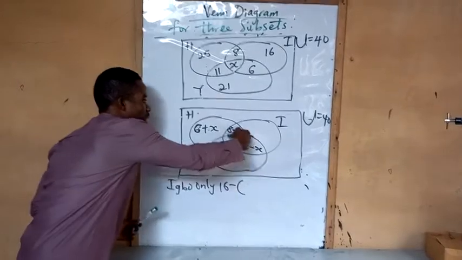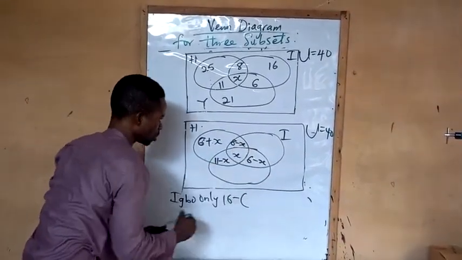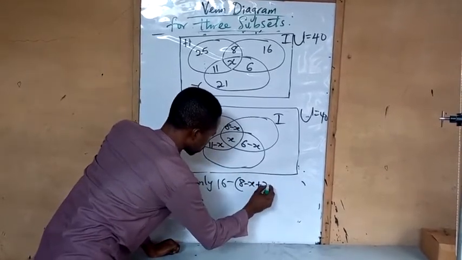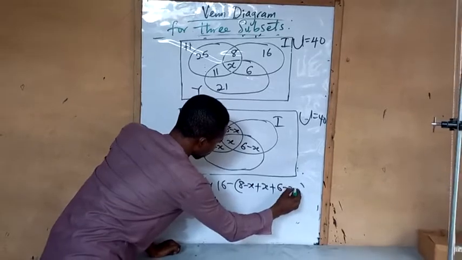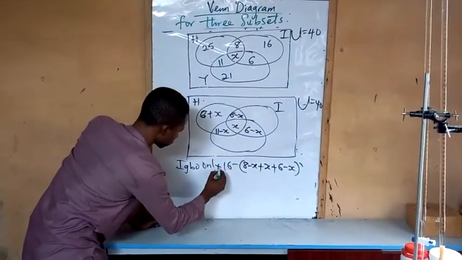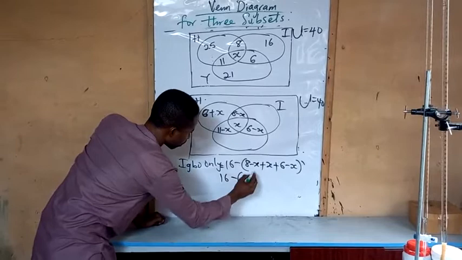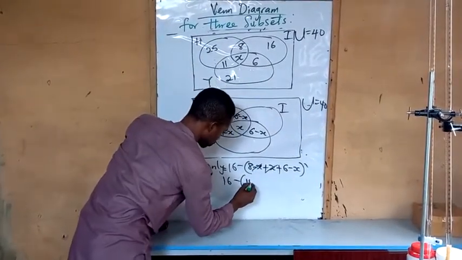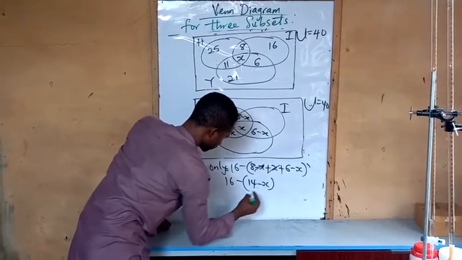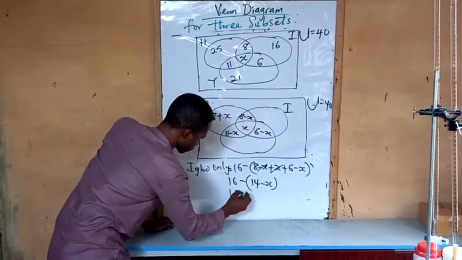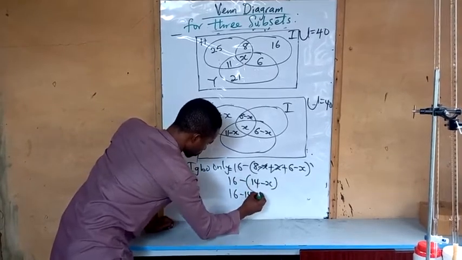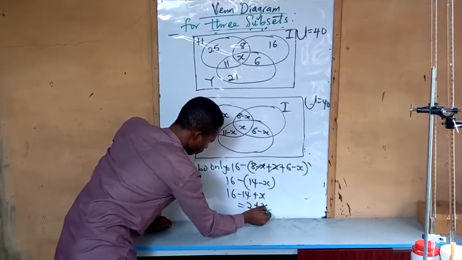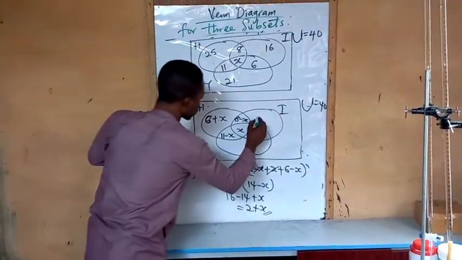Everything that enters Igbo here, I have to remove it: 8 minus X plus X plus 6 minus X. So that will be 16 minus open bracket, minus X cancels plus X. 8 plus 6 are 14 minus X. That is 16 minus 14 plus X, so that is 2 plus X. So Igbo only is 2 plus X.